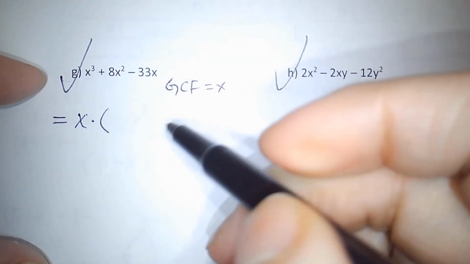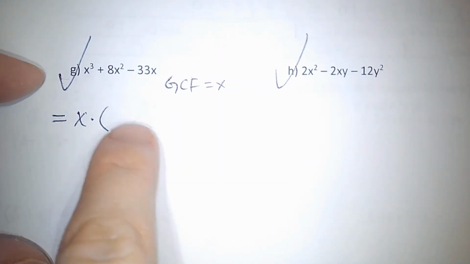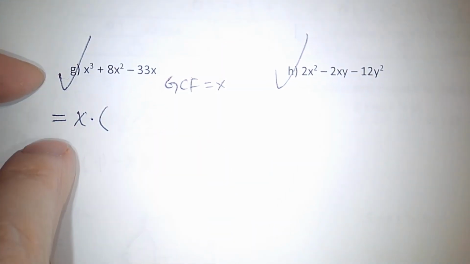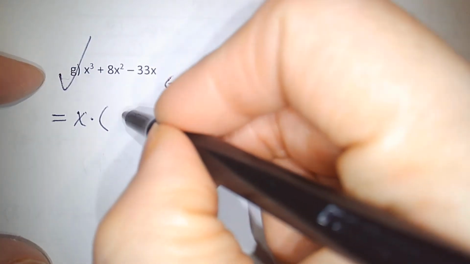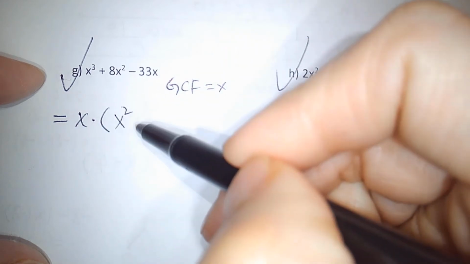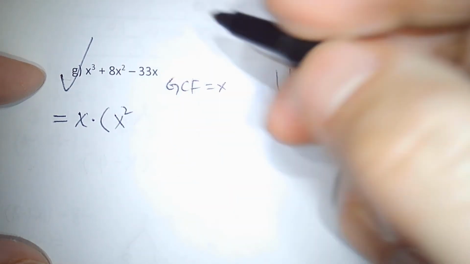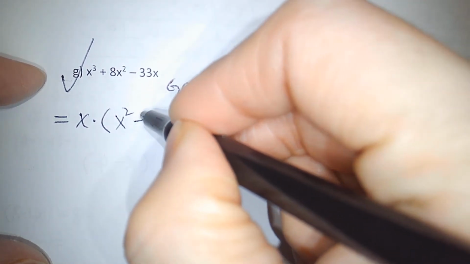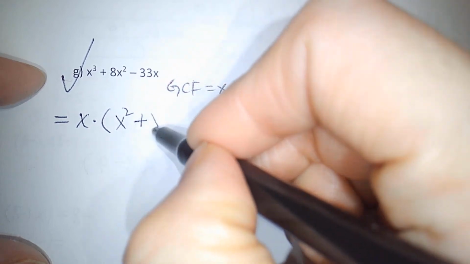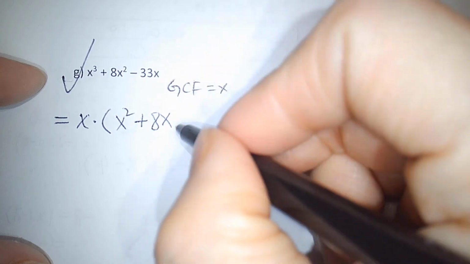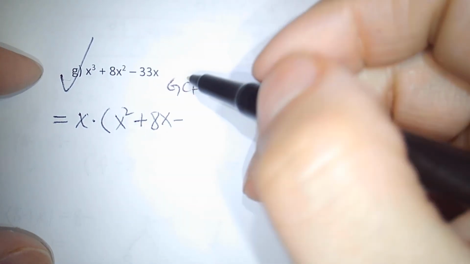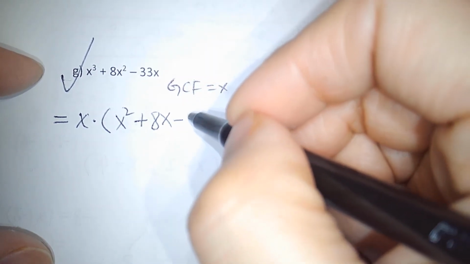After we factor out the x, what can we get inside the parentheses? x times what equals x cubed? x squared. x times what equals 8 times x squared? 8x. And x times what equals negative 33x? Negative 33.